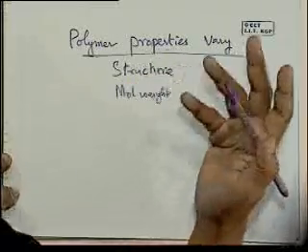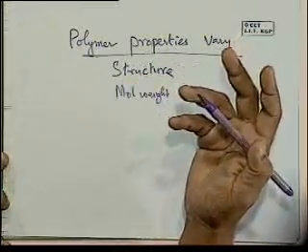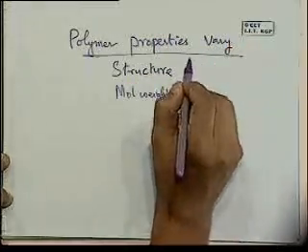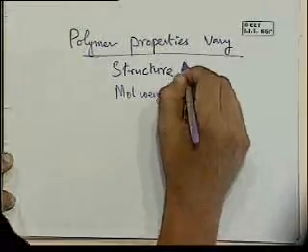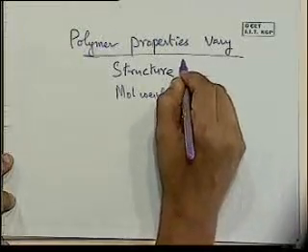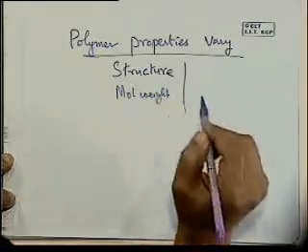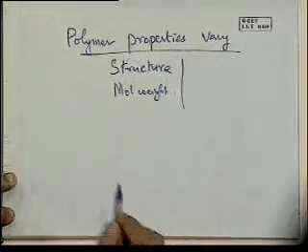They have the same chemical formula, different structures. It depends also on the molecular weight. As we saw, sample to sample, the average molecular weight could change. So the properties that we are interested in could vary depending on the particular structure we are looking at and the average molecular weight and so on.